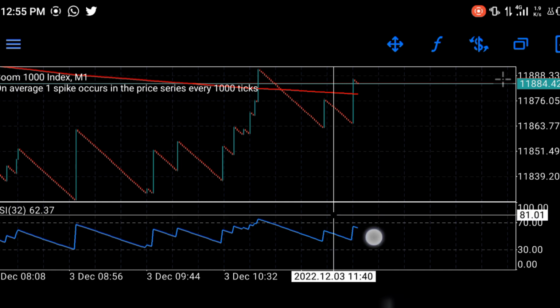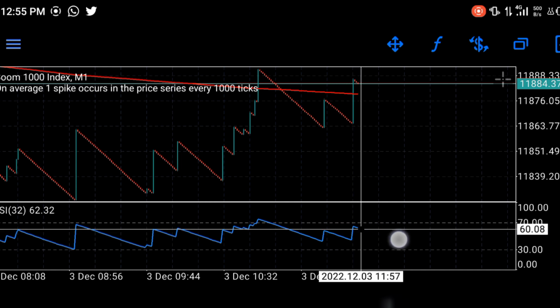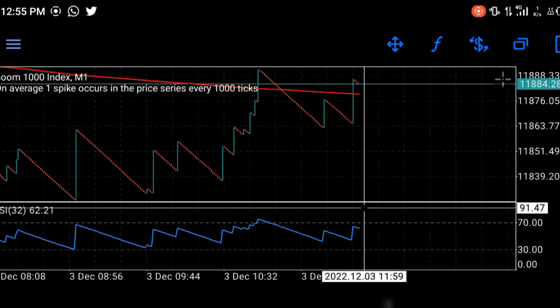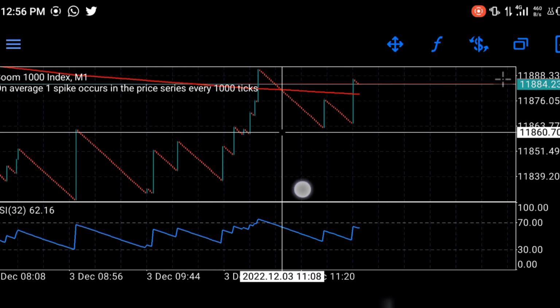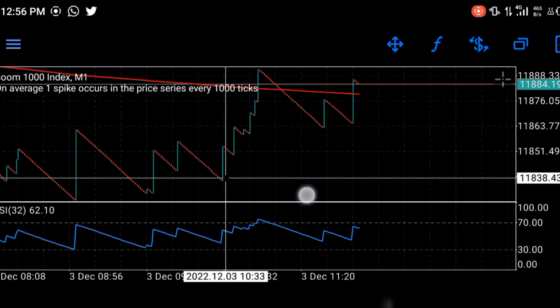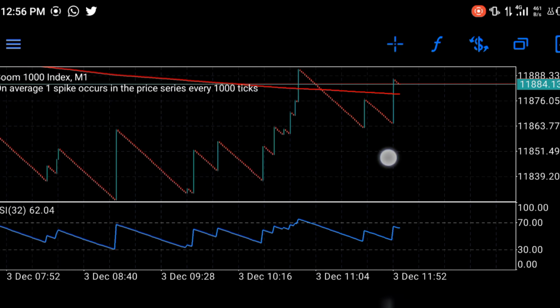If you want to take a trade now, you need to be watching your RSI and see how the price reacts to the RSI before you are going to take a position. Now, you need to measure if the price is having lower lows, you should not try to trade that.